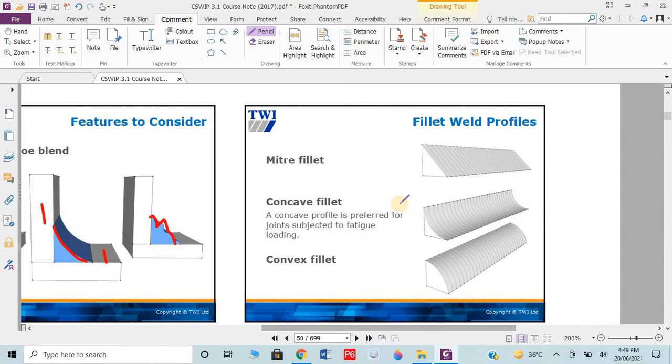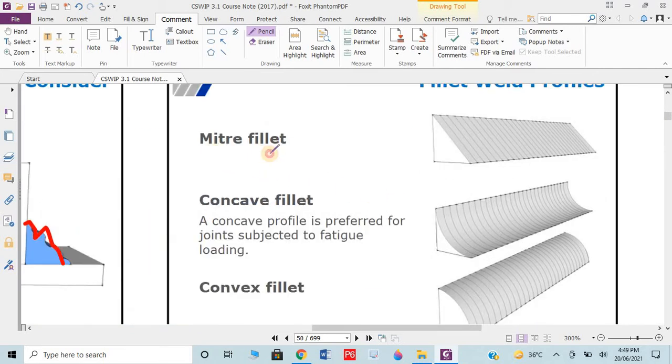Then we have three types of fillet weld. One is the miter weld. Miter weld means this is our parent body, right? If the welding is smooth at a specific angle, there is no convex or concave or angular movement, it's straight, it's known as miter fillet.